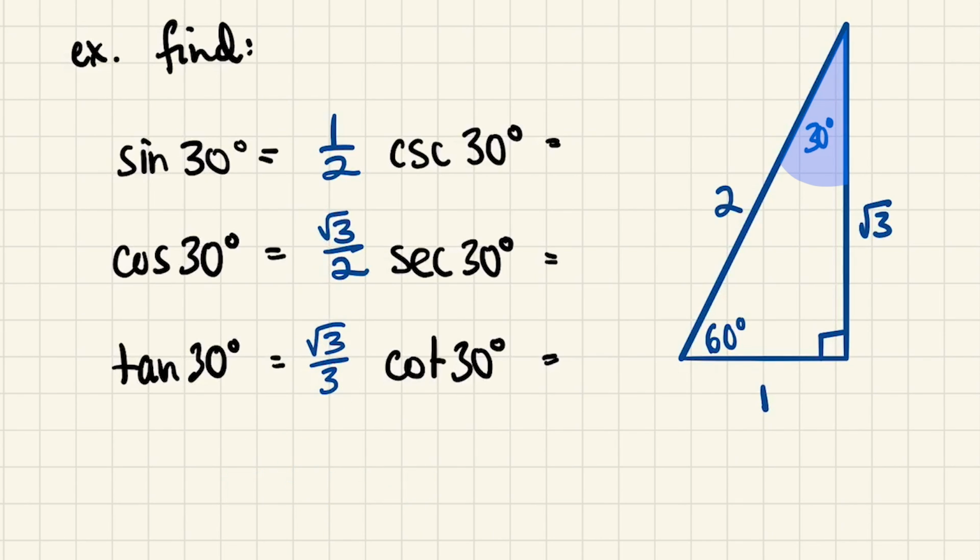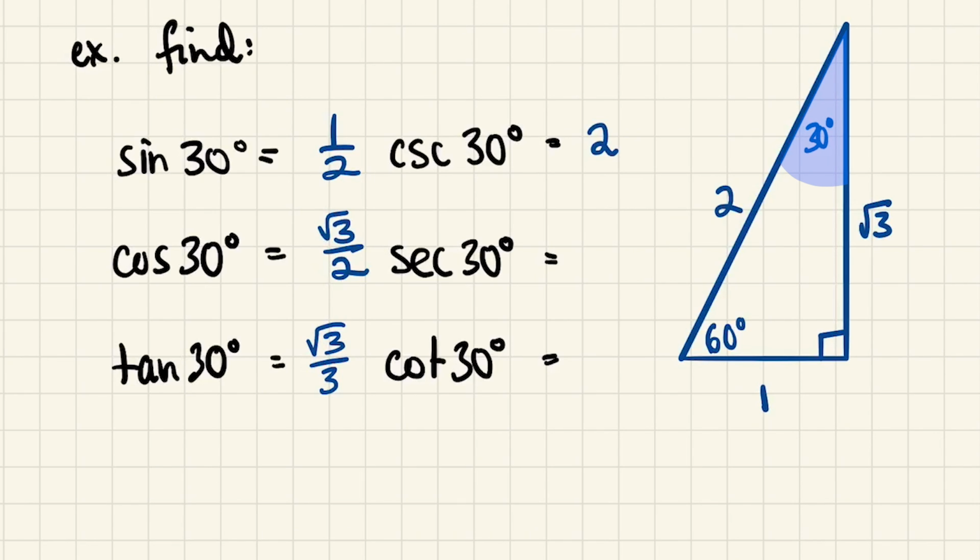All right, cosecant of 30 degrees. Well, sine is opposite over hypotenuse, so cosecant would be hypotenuse over opposite. So that would be 2 over 1, and we'll just write that as 2, of course. Anything over 1 is just the thing. Secant of 30 degrees, well, that's the reciprocal of cosine.